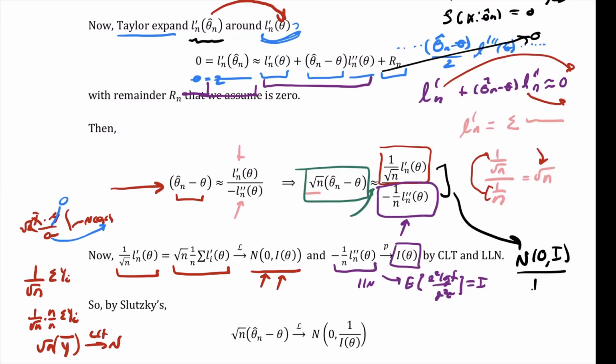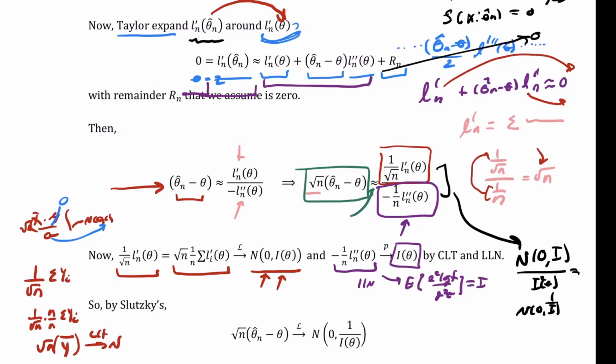The bottom piece goes to I, so it's going to be all over I squared. And so this thing is going to be normal 0, I, 1 over I.